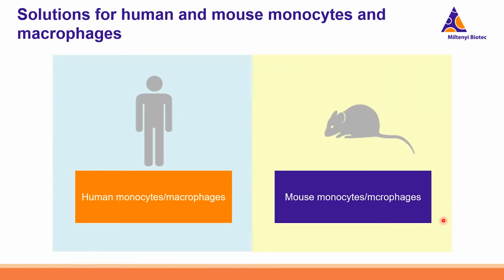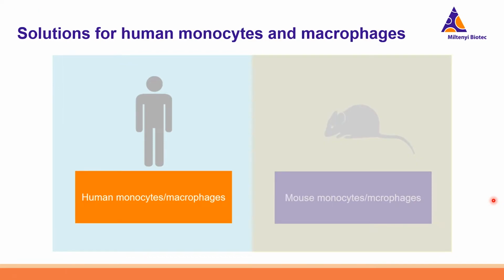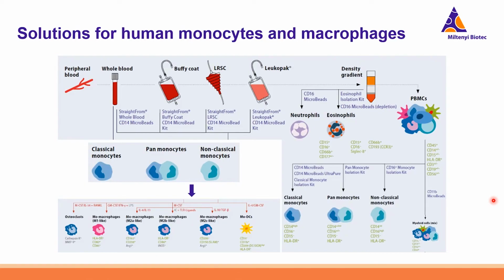So here I will cover solutions for human and mouse monocytes and macrophages. And I will start with the solutions for the human samples. Here we have a wide range of solutions for samples obtained from different materials: peripheral blood, whole blood, buffy coat, LRC, leukopaks, and PBMCs.